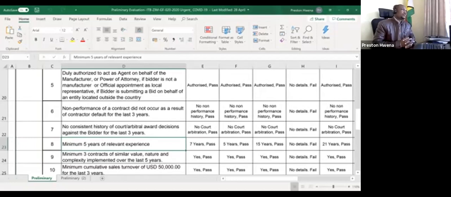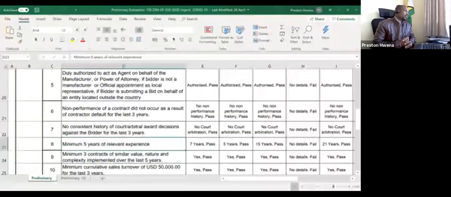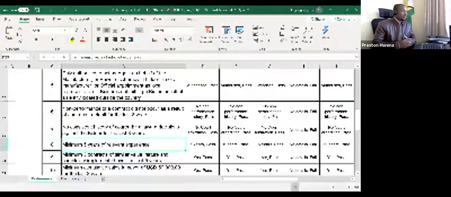Normally, this is done because there are tenderpreneurs these days. We are doing this to limit the number of tenderpreneurs that participate in our procurement processes. We want to deal with legitimate businesses that have been in operation and have capacity and experience in the field that we are looking at.